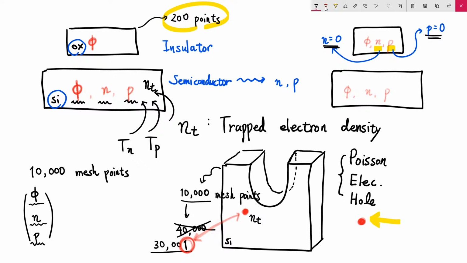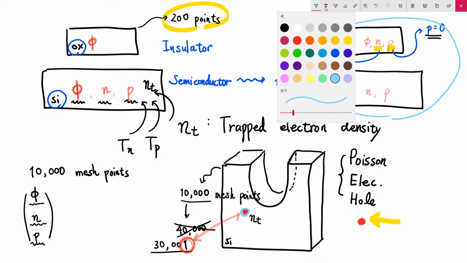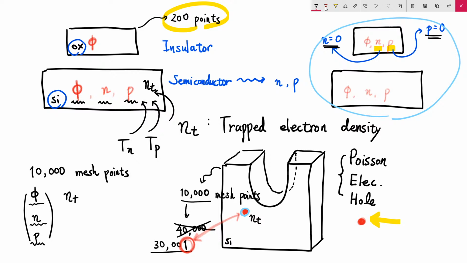However, now we introduce just one single point where we have a trap. But if we just follow the scheme suggested on the right-hand side, which defines any unknown variable everywhere, then we also have to introduce 10,000 trapped electron densities all over our silicon material.